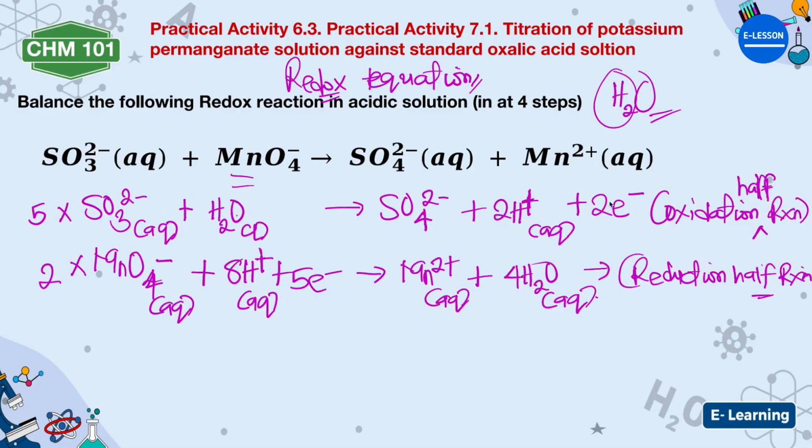Because these electrons here, they are 2 multiplied by 5 will give us what? 10e negative.